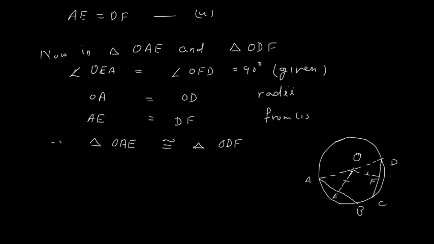The criterion is RHS. Therefore, we will say that OE is equal to OF. Hence proved. So we have proved that if two chords are equal in length, then their distance from the center is also equal.